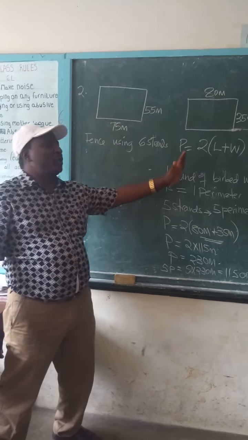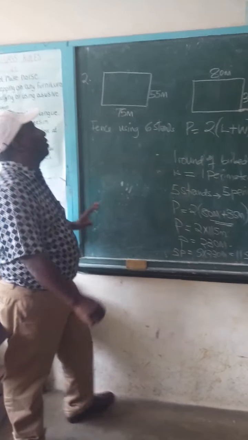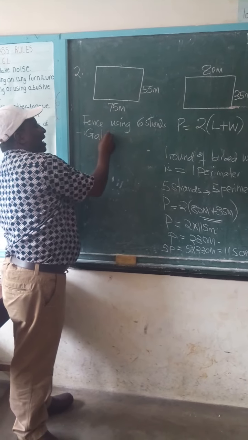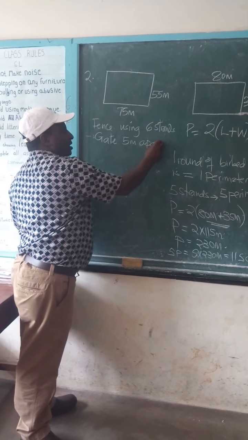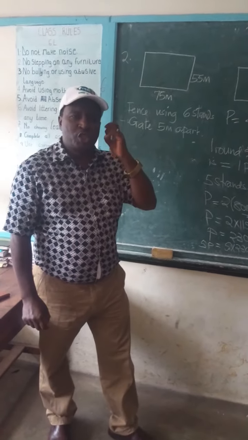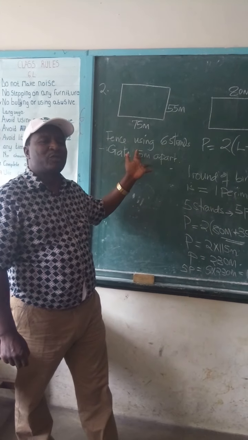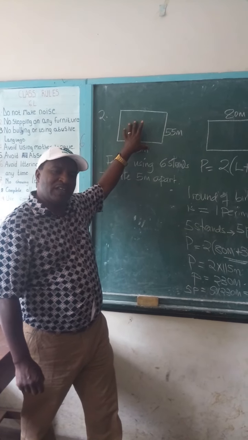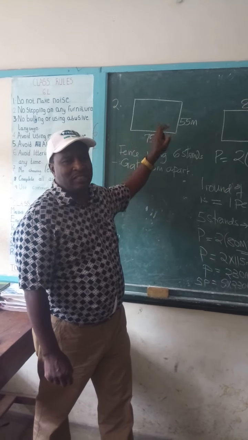The one we have been dealing with was totally closed, but this one will have a gate, 5 meters apart. So we want to know what would be the length of the barbed wire that we are going to use to go around this piece of land, leaving a gate which is 5 meters apart.